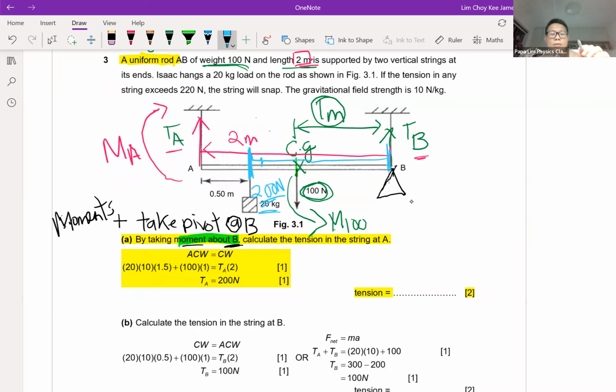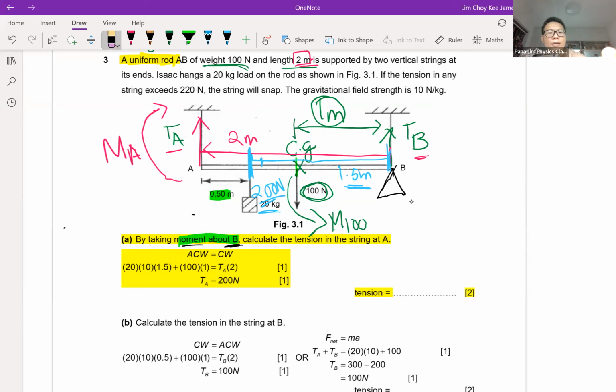Take note, given that this is 0.5 meter away from A, and the whole ruler is 2 meter, I will know that this blue line is 1.5 meter. The force is pointing downwards, which means it will generate an anti-clockwise moment here, M200. So I'm looking at 2 anti-clockwise moments and 1 clockwise moment.